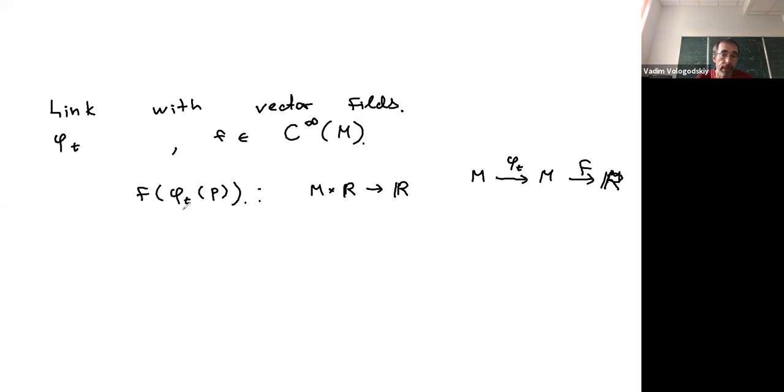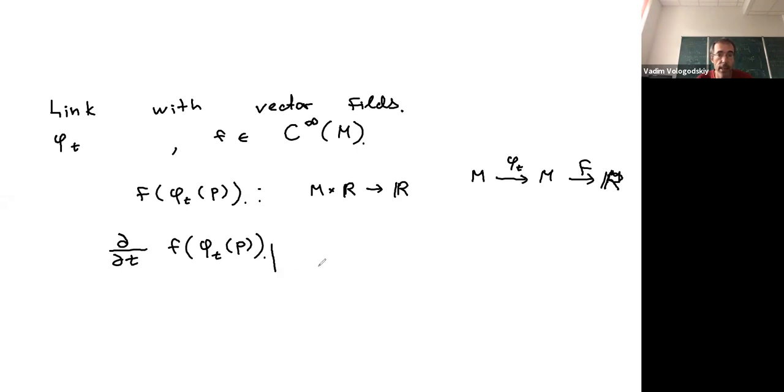Now let's think first of this as a function in t, and let's take its derivative with respect to t. I may fix p and just consider this as a function in one variable. This is still a function in t, and if I vary p, it's also a function in p.